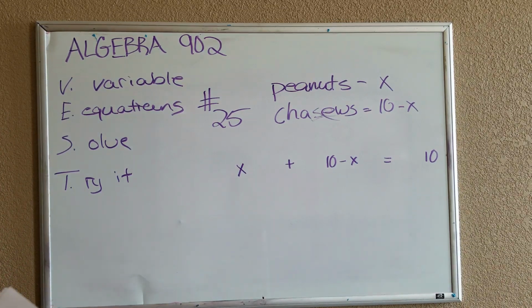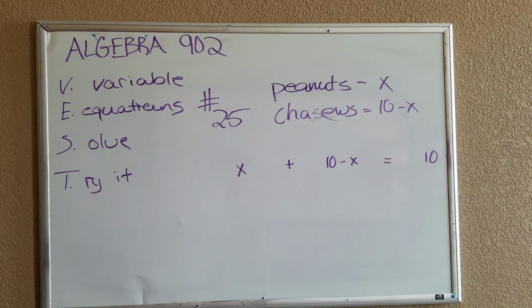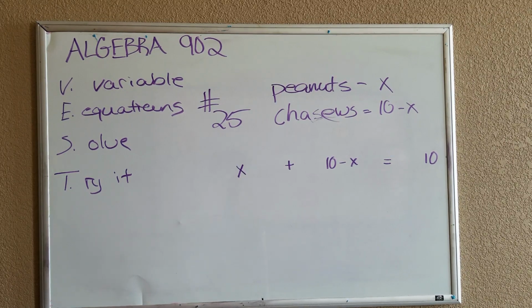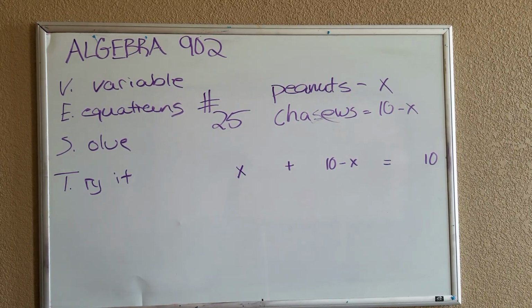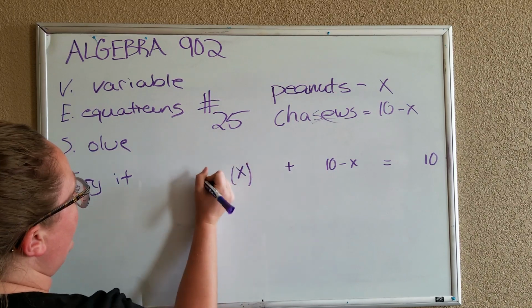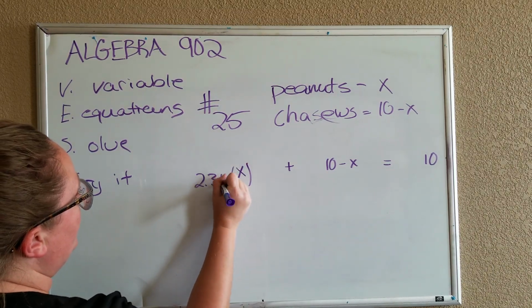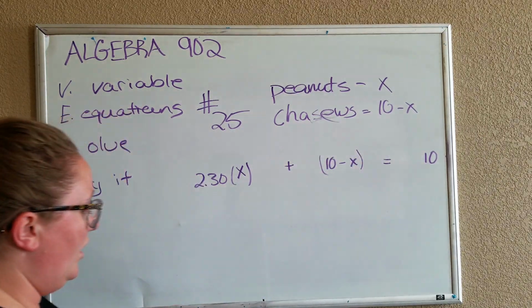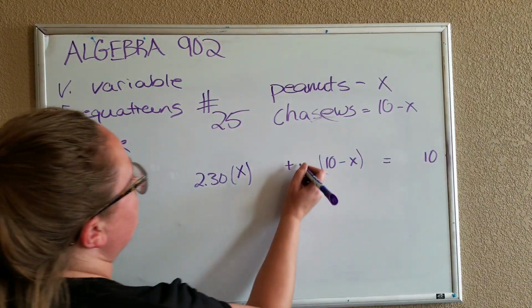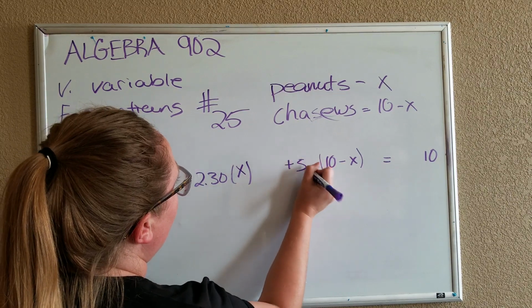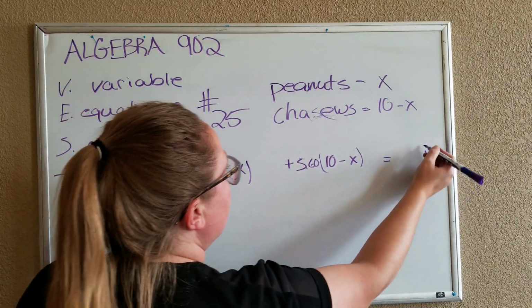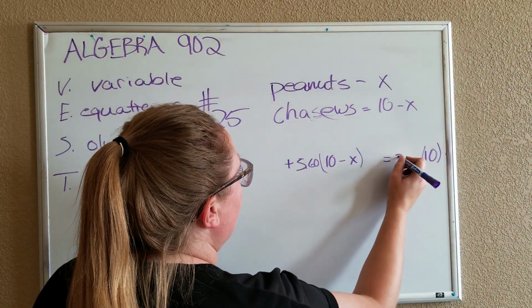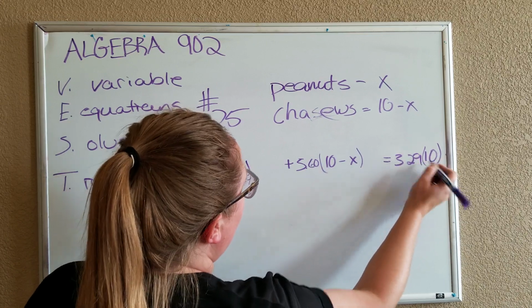The peanuts are $2.30 per pound, so we multiply this x by 2.30. The cashews are $5.60 per pound. And in the end, this 10 is going to be $3.29 per pound.